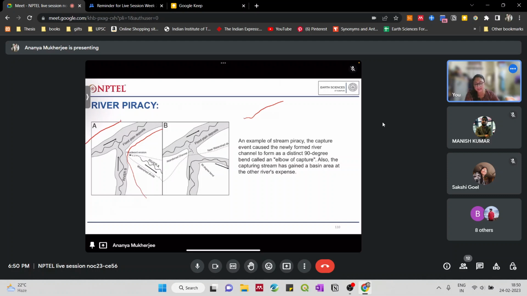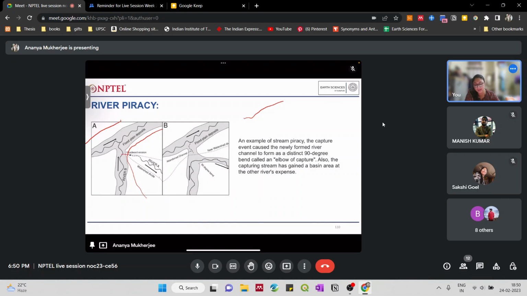This river is coming, and the headward erosion or downstream erosion increases with, say, a steeper slope present over here. Soon, due to the headward erosion of this river, it will erode this area also.